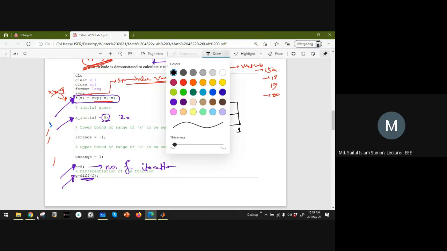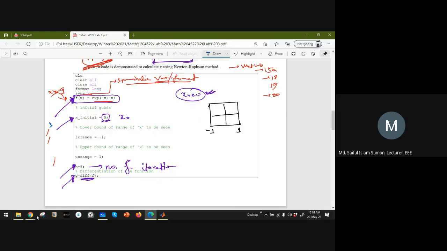Then one curve will be drawn. Suppose this curve is something like this. This means this is fx. So this point is actually my solution, isn't it? Here x is equal to 0, fx is equal to 0, isn't it? Are you getting me? Yes, sir.